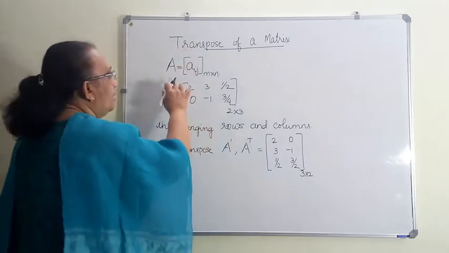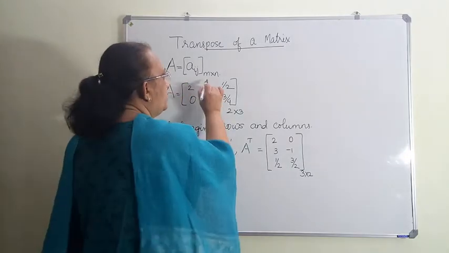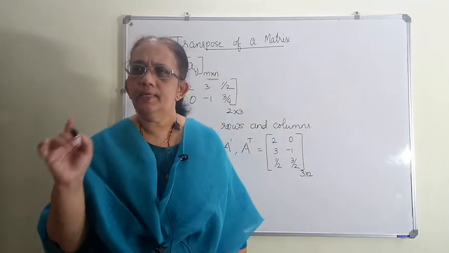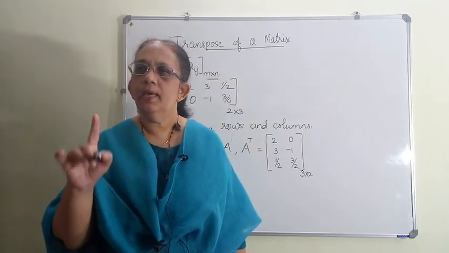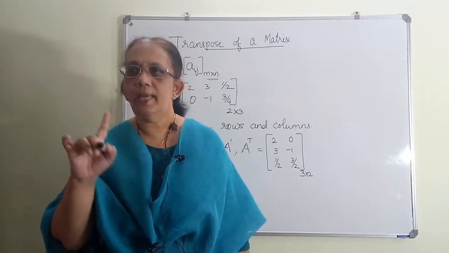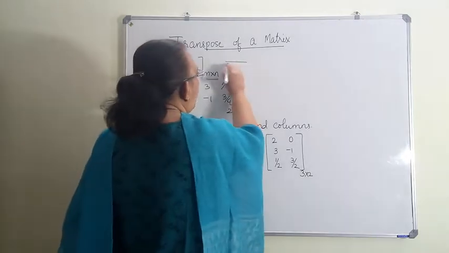Now, let us come to the definition. Let A be a matrix. Now, is it a square matrix or a rectangular matrix? Yes, it is a rectangular matrix because m and n are different. M is the number of rows, n is the number of columns. Now, how can you get A transpose from this?